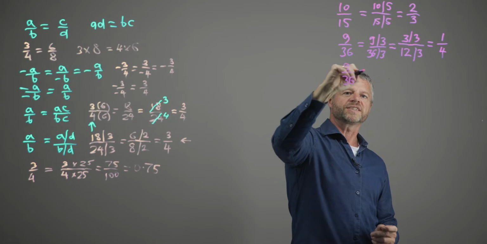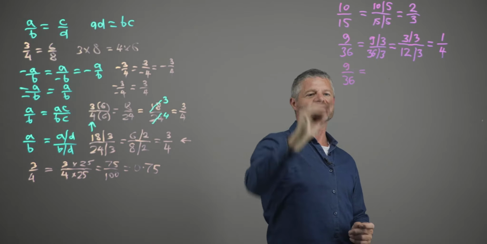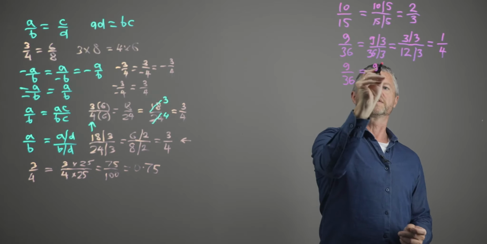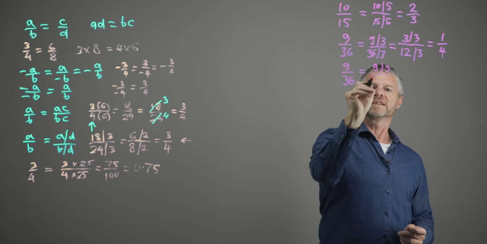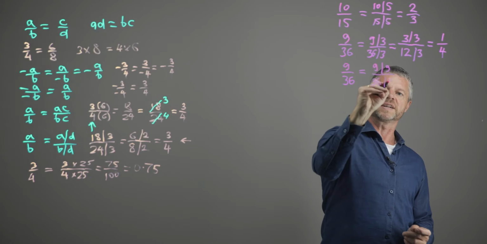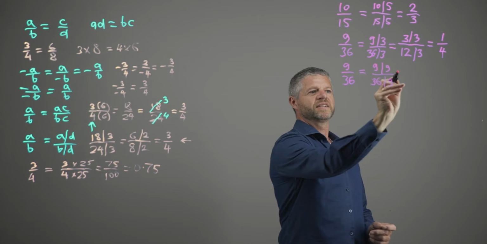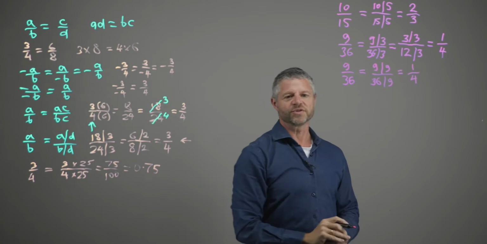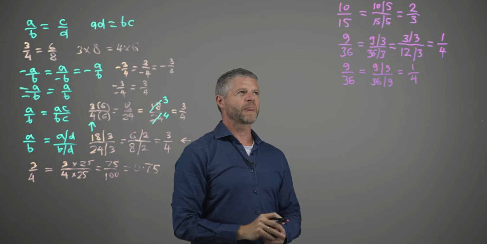If I'd recognized initially that a common factor for 9 and 36 is the number 9 itself. So 9 divided by 9, 36 divided by 9. 9 divided by 9 is 1, and 36 divided by 9 is 4, so 1 over 4.